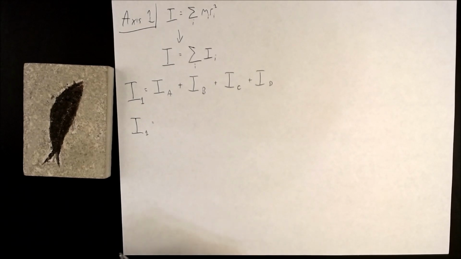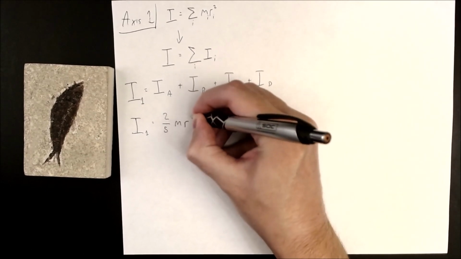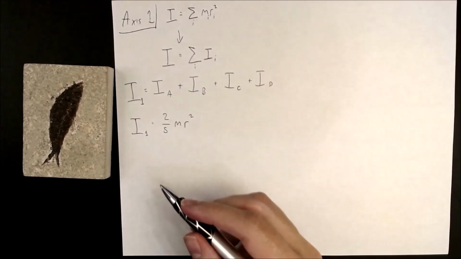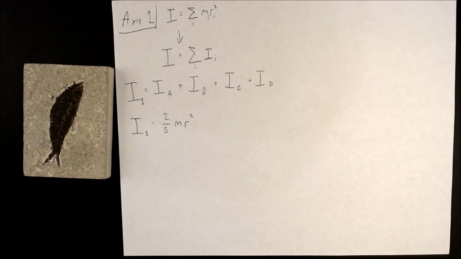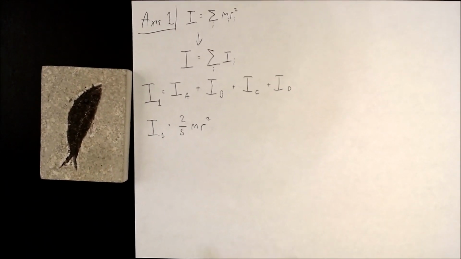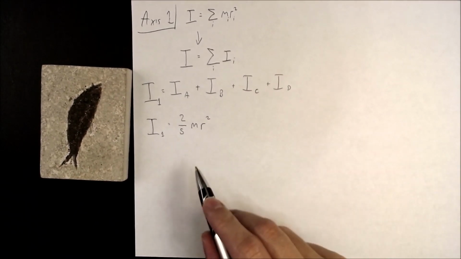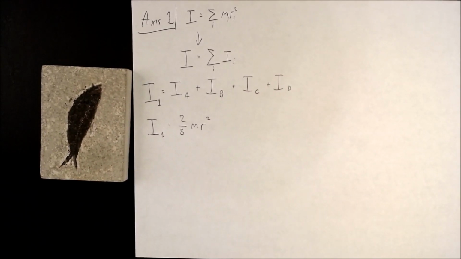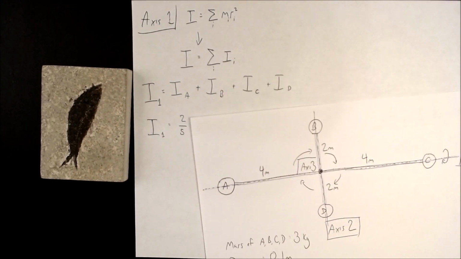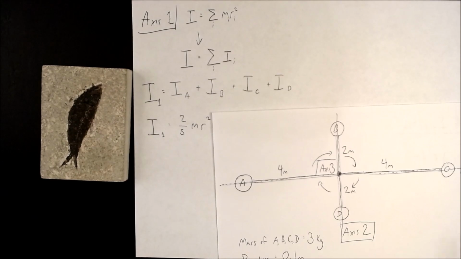The moment of inertia of a sphere, according to the book, is 2/5 mr squared. Now, which r are we talking about for this sphere? Before we continue on, I want you to think about that for a second, looking at the diagram.